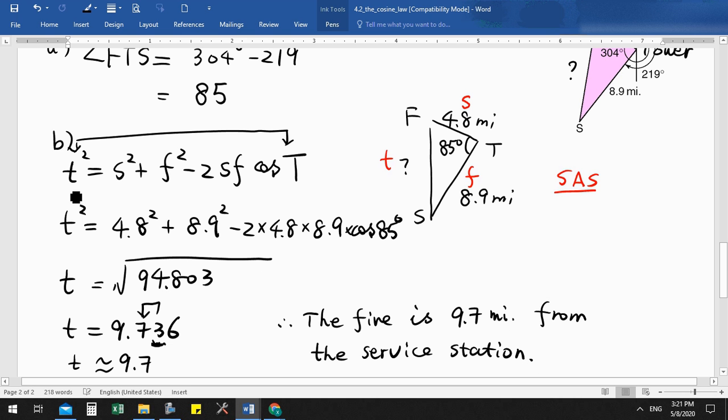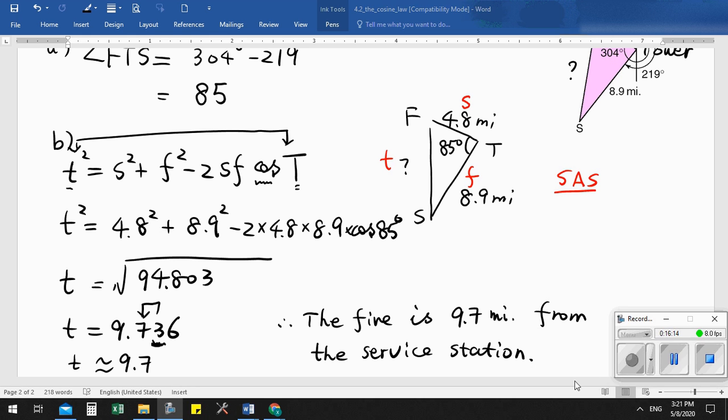One is finding a side: the side needs to be by itself. Another one is finding the angles. When you are finding angles, you need to move numbers to the other side by doing the opposite operation. And the very last step, because you are looking for an angle, you need to do the inverse of cosine. So that is the lesson for today.